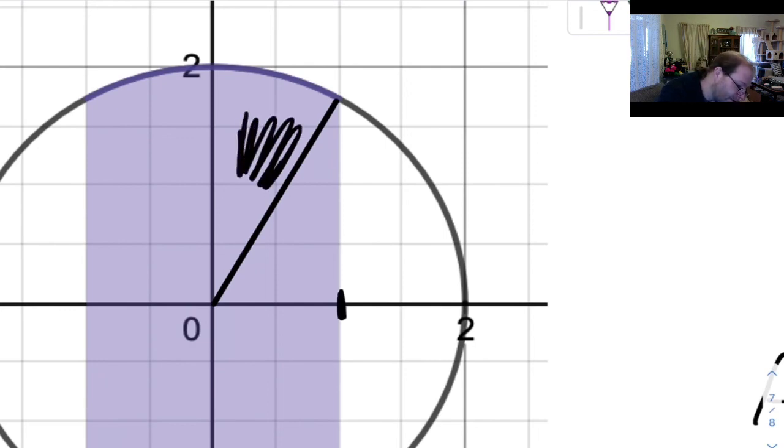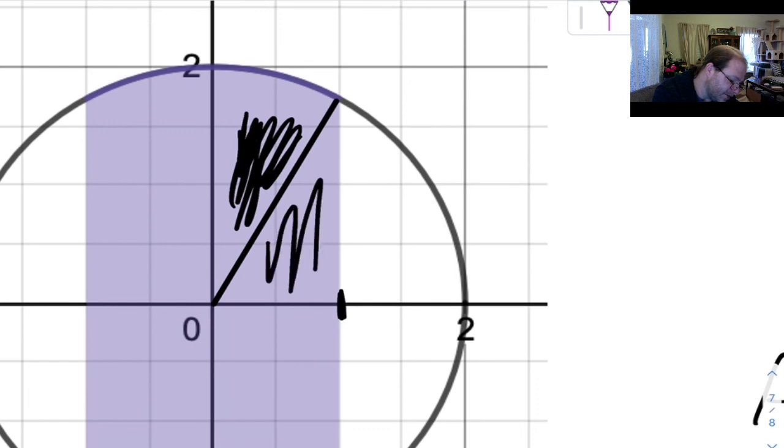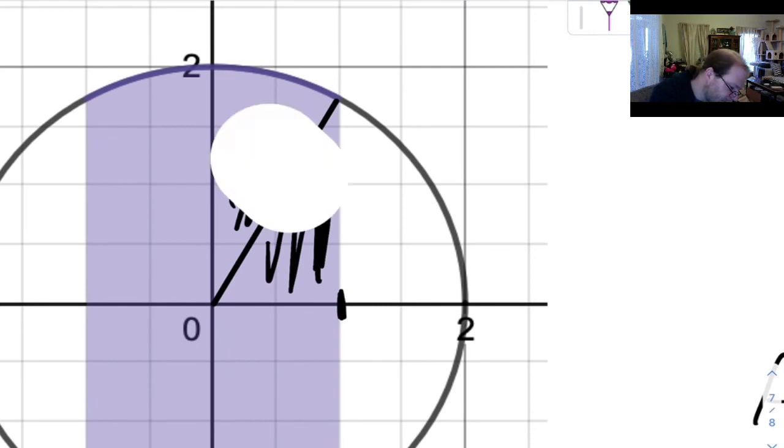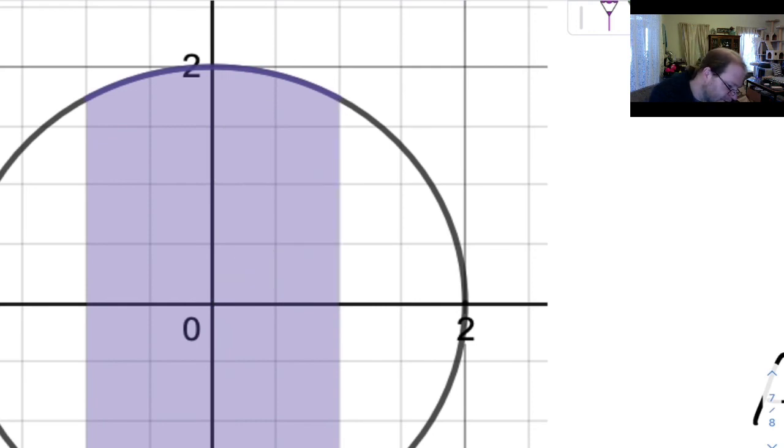This is a sector, and you could work out what fraction of the circle it is. I think it's 30 degrees. And you could figure out the area of this sector and the area of this triangle. Then add those together, multiply by 4, and you've got it. So you can do this without calculus.